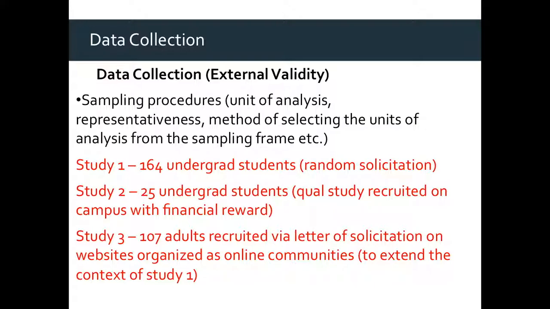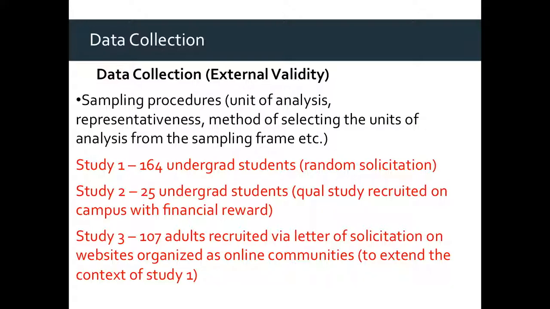More often than not, as is the case here, the author used 164 undergraduate students randomly selected in study 1. 25 undergraduate students were recruited for a $5 reward in study 2, and then 107 adults were recruited in a different way to extend the context and to use a different sampling frame in study 3, and the author recruited these from online communities.